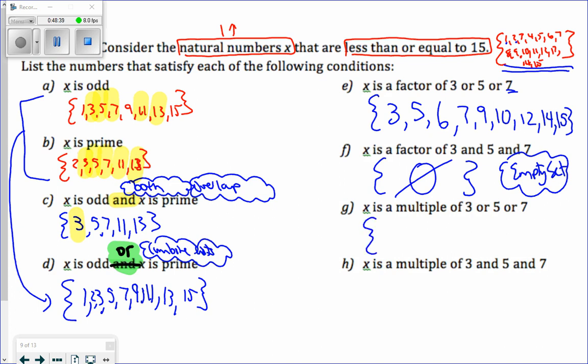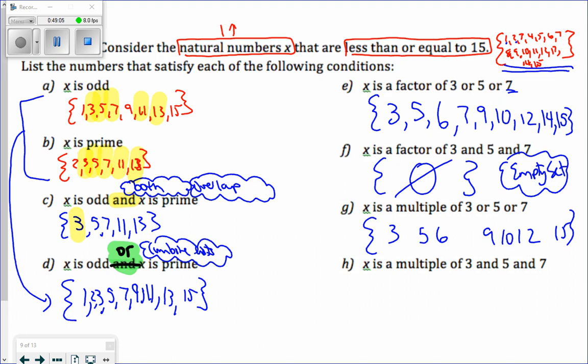Okay. What is a number that's a multiple of 3 or a multiple of 5 or a multiple of 7? So the multiples of 3 are 3, 6, 9, 12, 15. So I'm going to write those in, leaving space to insert anything that I need. What are the multiples of 5? 5, 10, 15.